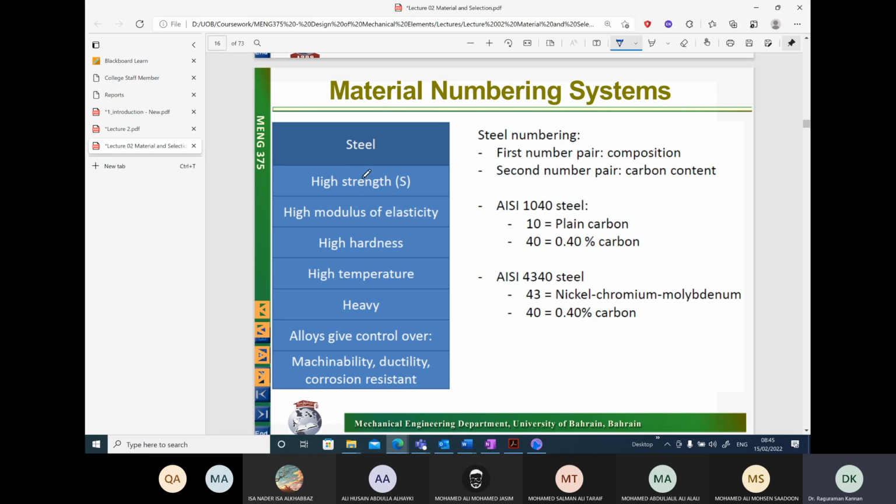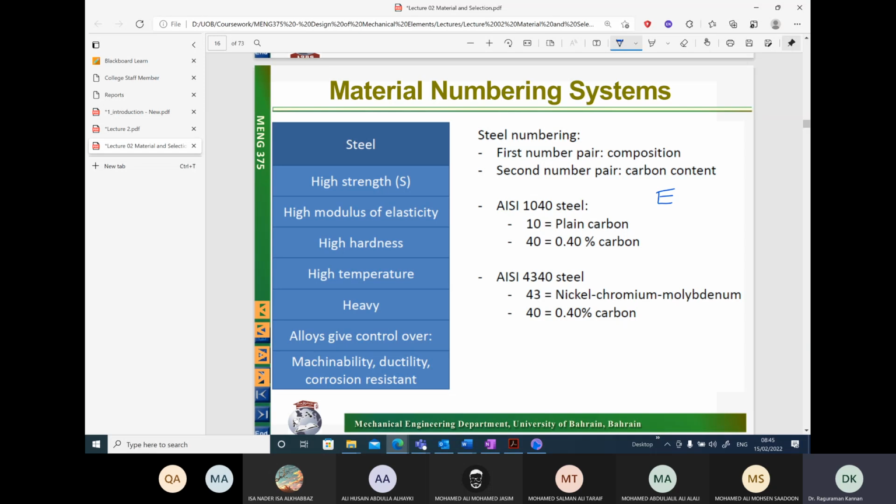Okay, steel usually has very good high strength, yield strength in particular, and the ultimate tensile strength as well. High modulus of elasticity. Okay, this is very much essential, especially if we are looking for very good stiffness properties. Stiffness is controlled by elastic modulus or Young's modulus E.